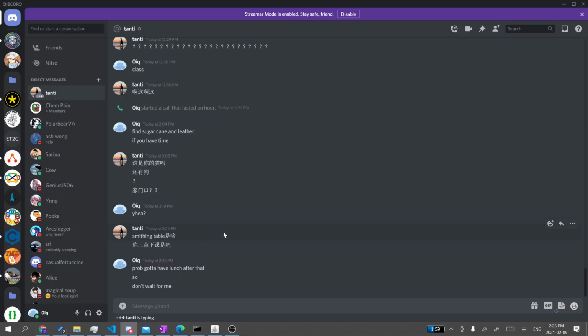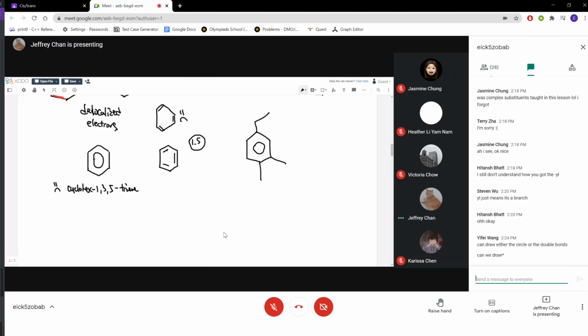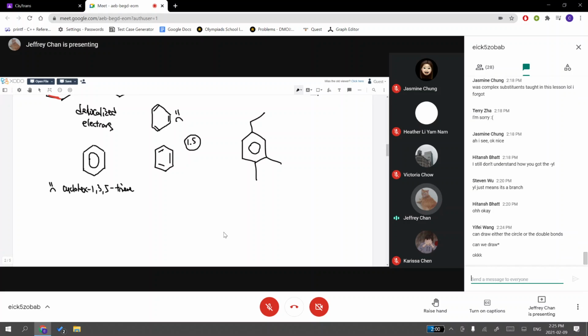You can draw either double bonds or the circle. Doesn't matter. Both representations are correct. You would want to give the branches the lowest number possible because you don't need to worry about the double bonds, since it's an aromatic, they can move around. So it will be 1, 2, 3, and 4.